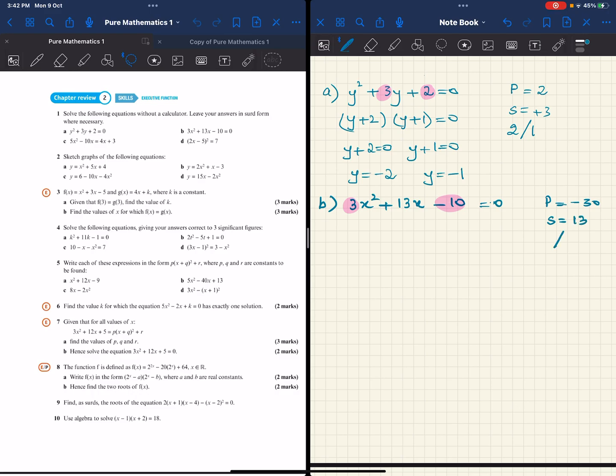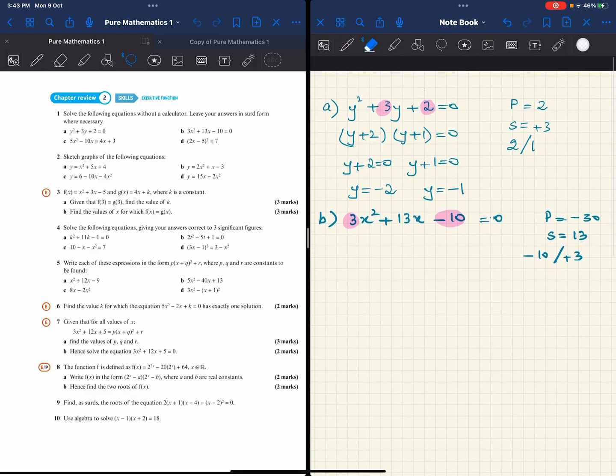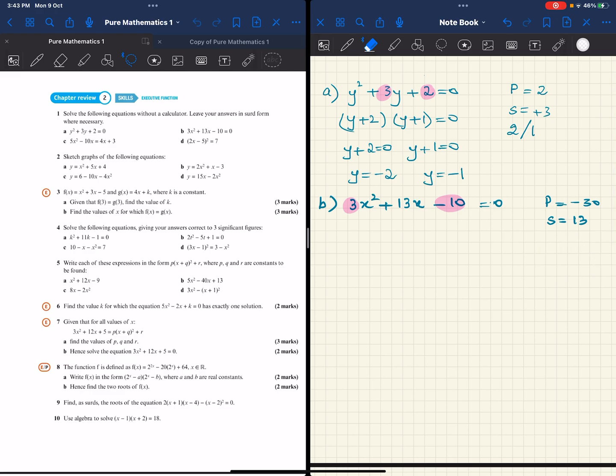What are the two numbers that multiply to give us 30 and add up to give us 13? So 10 and 3. But the product is negative, so if I take this as negative and this as positive, then the sum will not be matching. So 10 and 3 are not the right combination.